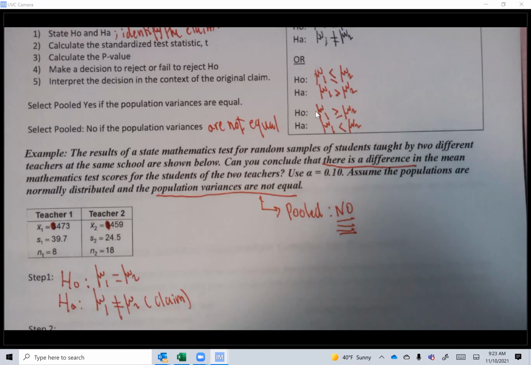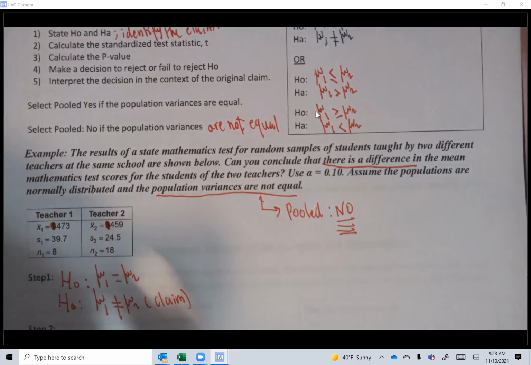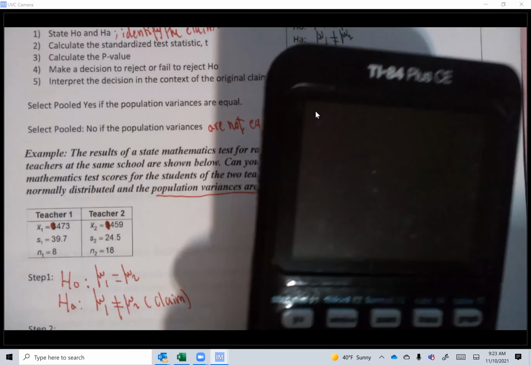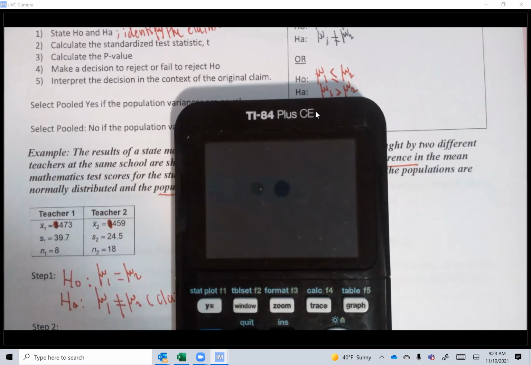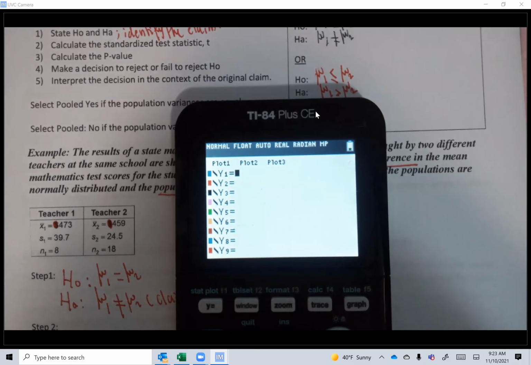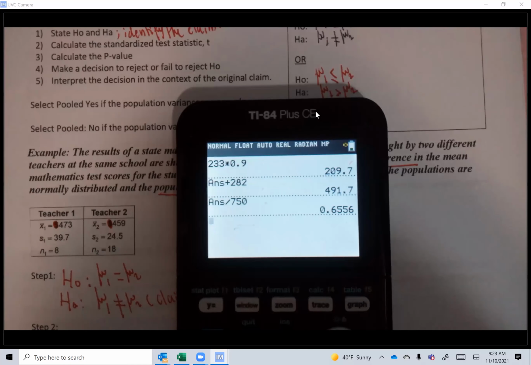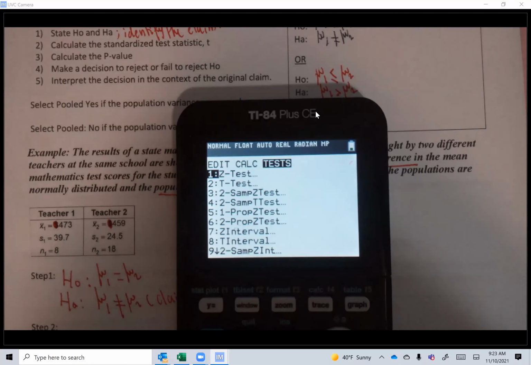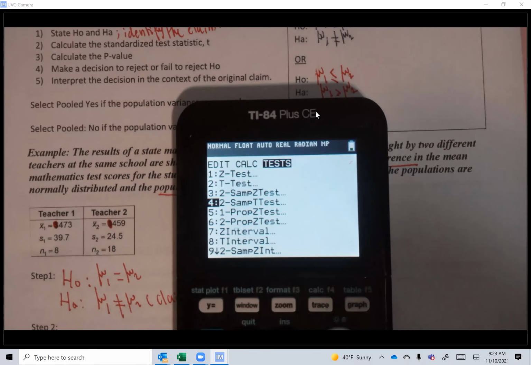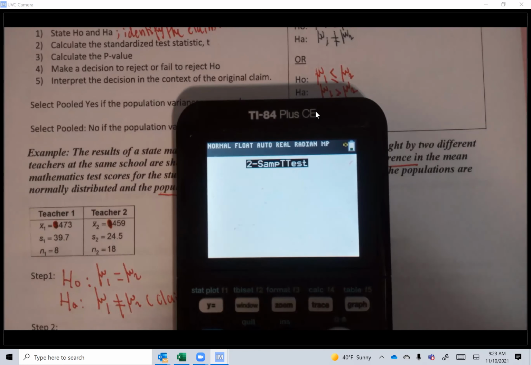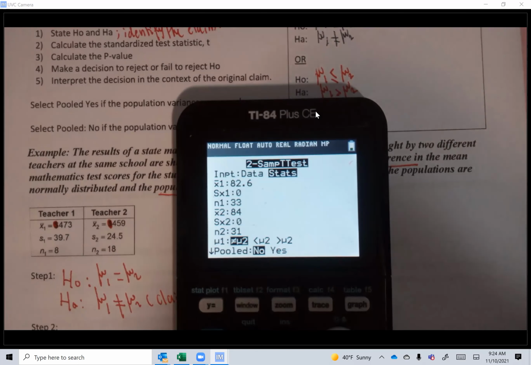Okay, let's run the test. Watch. Quit. Stat. Tests. Look, guys, it's number 4. We used number 3 last Monday, and now we're using number 4. Okay.